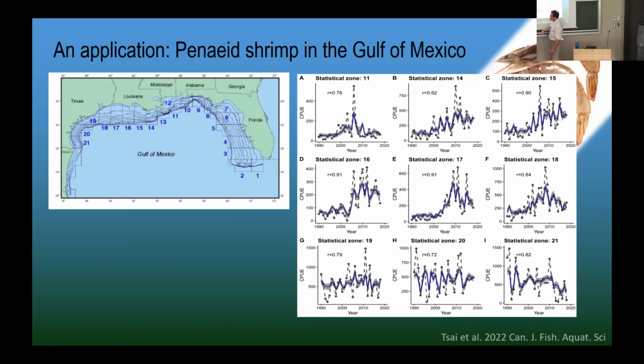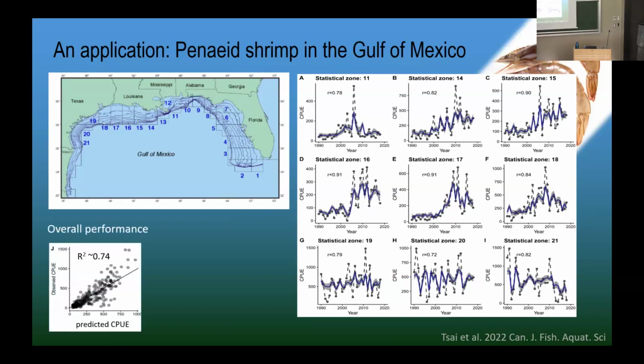These are the time series for a couple of zones, but I think mostly I want to draw your attention to this, which is a plot of the predicted catch per unit effort versus the observed. So this is predicted in leave one out, so it's out of sample-ish. The prediction accuracy overall, the R-squared, is 0.74, which is not bad for ecological time series.